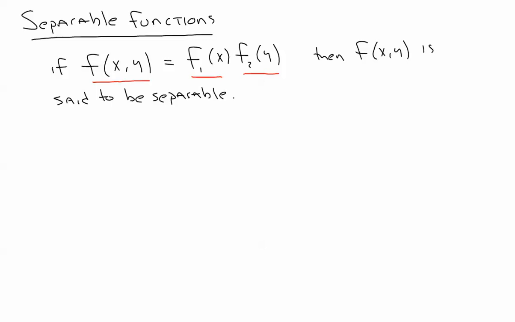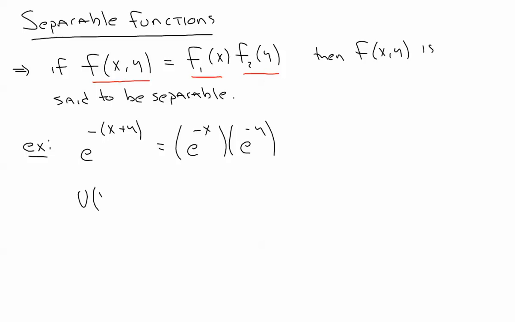That'll allow us to do some simplifications later on when we're talking about joint random variables, so we're going to look for separable functions. An example of a separable function is e to the minus (x plus y). That can be written as e to the minus x times e to the minus y. That's separable. Turns out step functions are also separable.